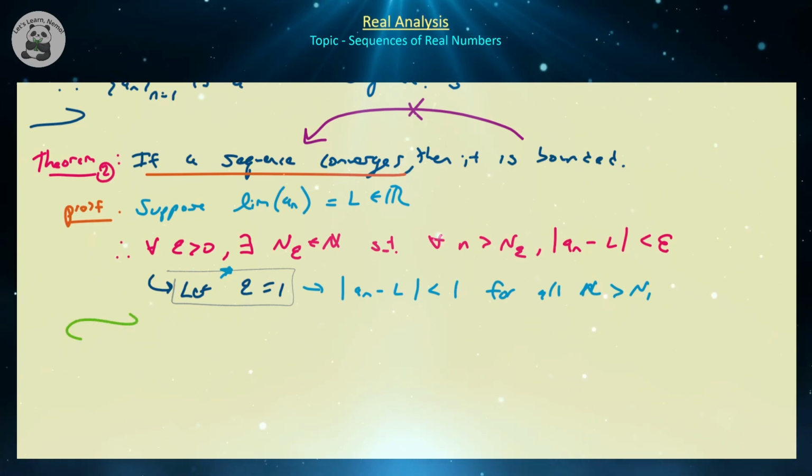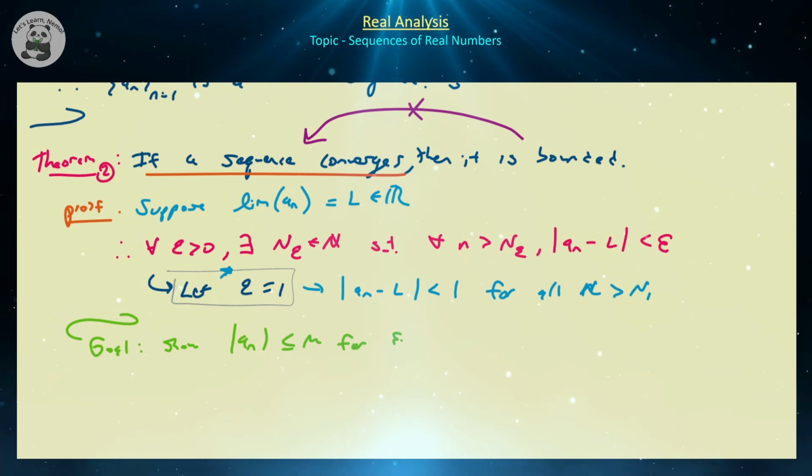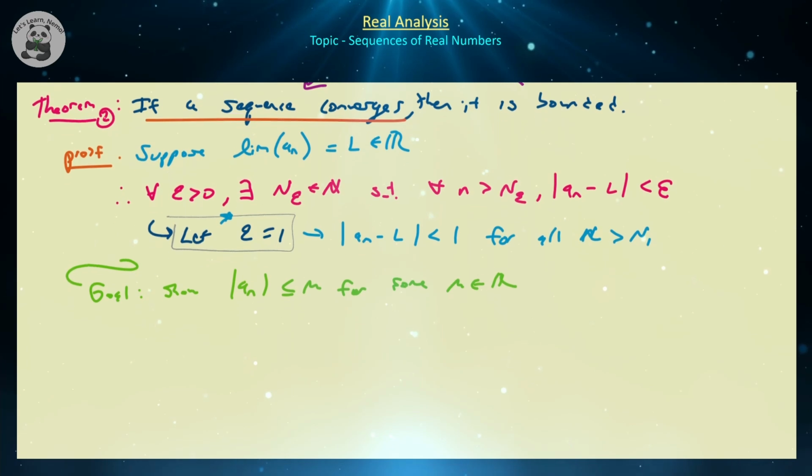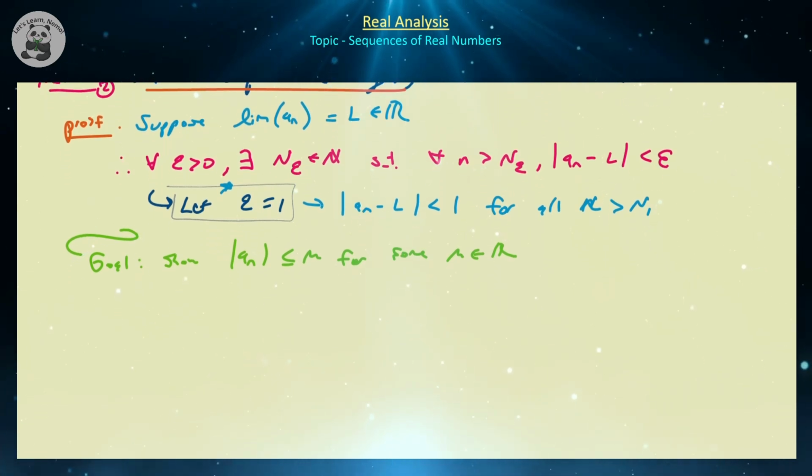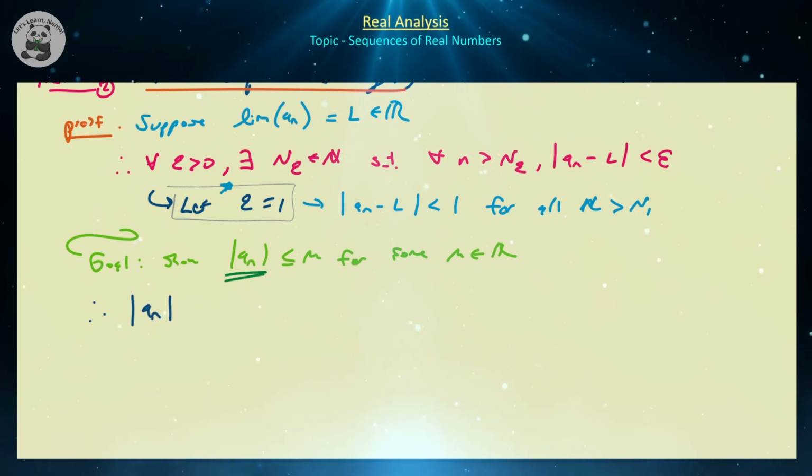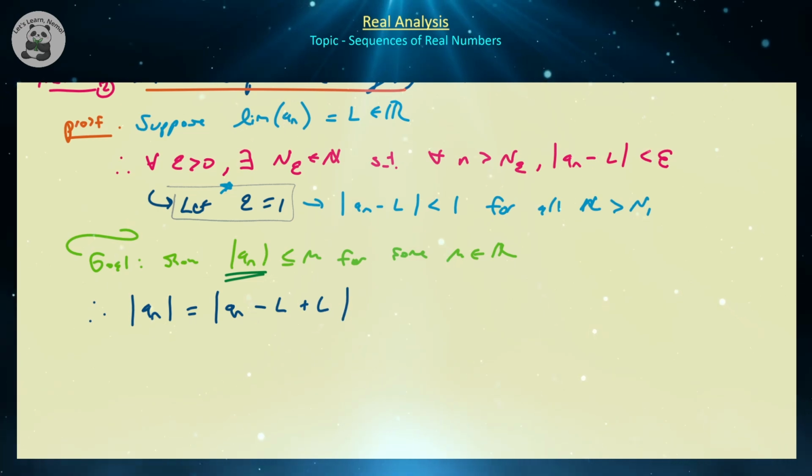Right? So what exactly is our goal here? Our goal is to show that the absolute value of a_n is less than or equal to M for some M in the set of real numbers. Okay, so let's start off by building the absolute value of a_n. The absolute value of a_n is the same as the absolute value of a_n minus L plus L, because we already have some theory built on the distance between a_n and L, because that is a convergent sequence, right?